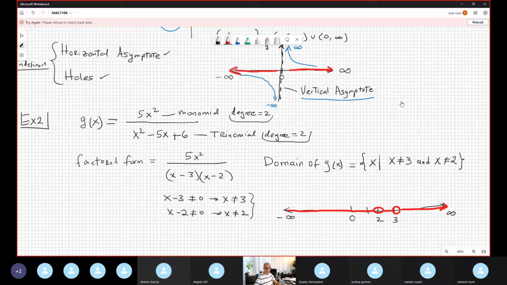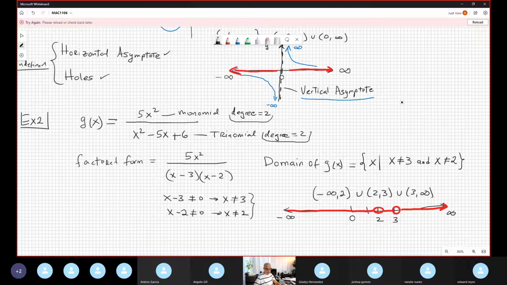If you want to write, because it frequently happens on the test, express the domain in interval notation: from negative infinity, comma, 2 with a parenthesis, not a bracket, because at 2 we have undefined, union 2, 3, union 3, infinity. This is 100% equivalent to the other. Sometimes it's better expressed one way, sometimes the other. Either way, it's equivalent.